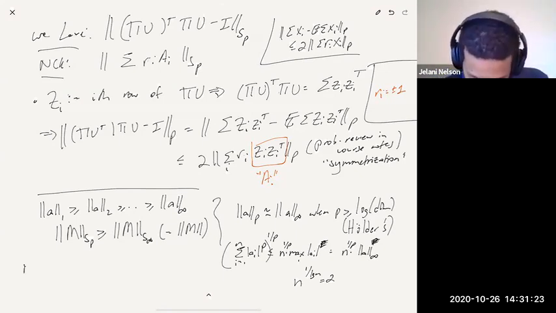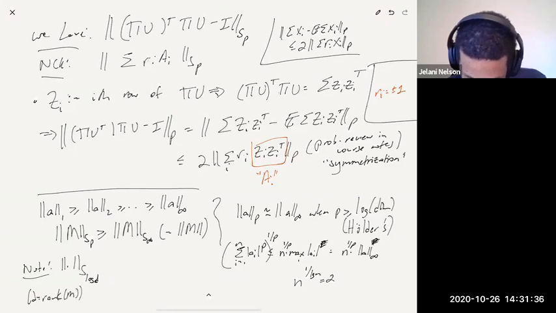Right? So note the Schatten log D norm, where D is the rank of the matrix M, is equal to the operator norm up to a factor of 2.